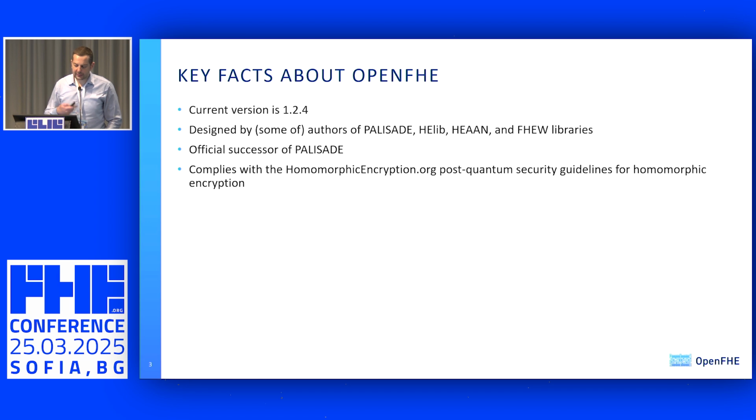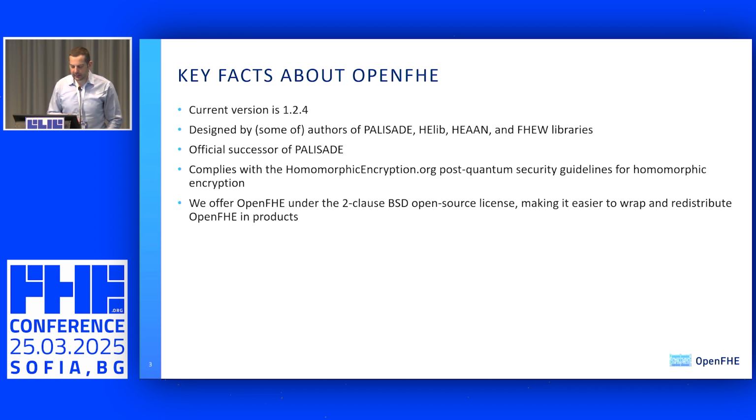The implementation itself follows the homomorphicencryption.org post-quantum security guidelines and certain parameter settings. And the library is offered under the two-clause BSD license. So the idea is anyone can use it for any purpose, be it commercial or academic. This is our strong belief.